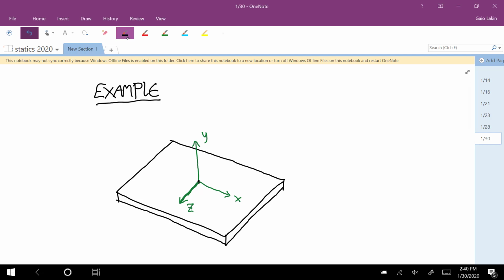And let's say that at that origin, there's a cable connected that goes directly to the wall right above the corner there. So this cable goes like this. And this distance is 1 meter.